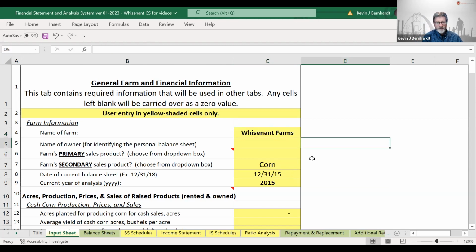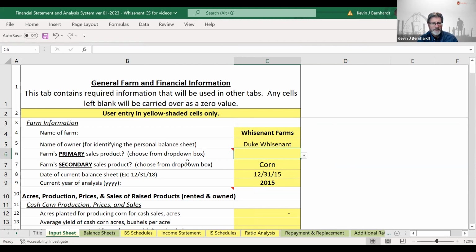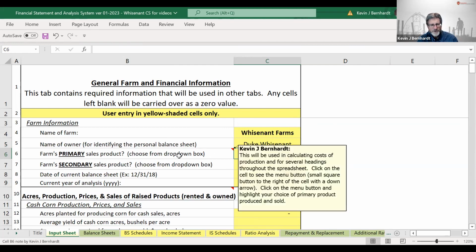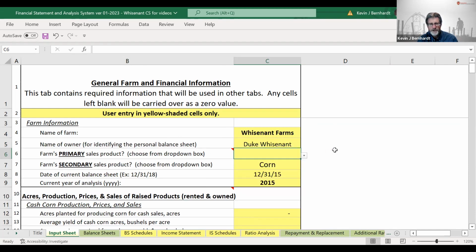The primary owner of Whisenant Farms is Duke Whisenant. And the primary sales product that Whisenant Farms grows and sells, and this is useful for cost of production information later on, in this case is milk. So I'm going to come down to the drop-down box and click milk.